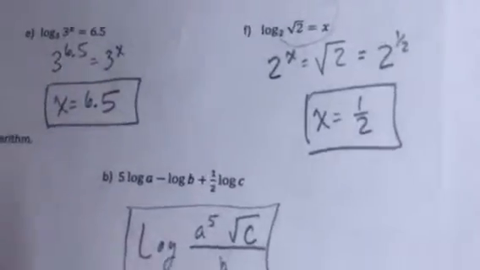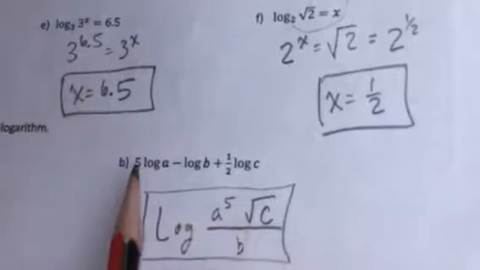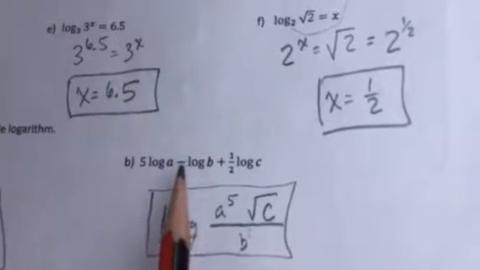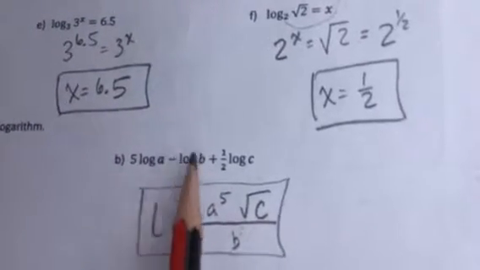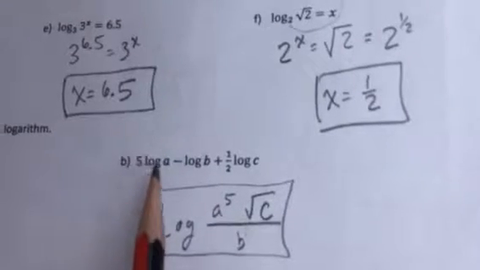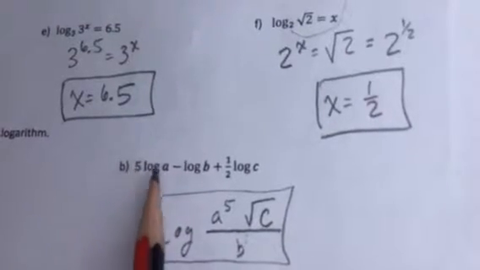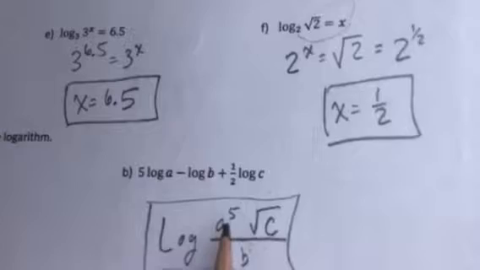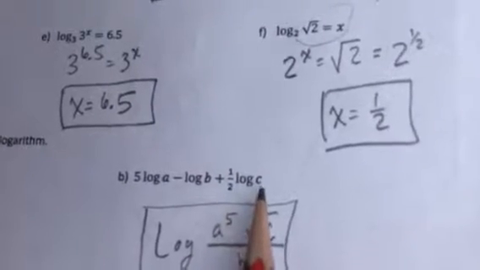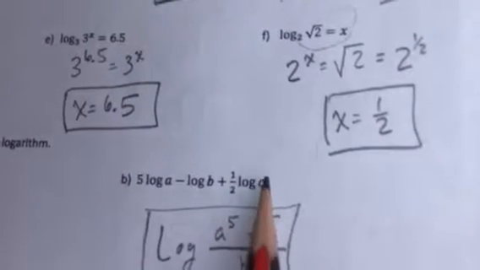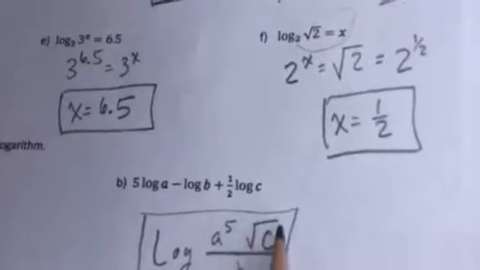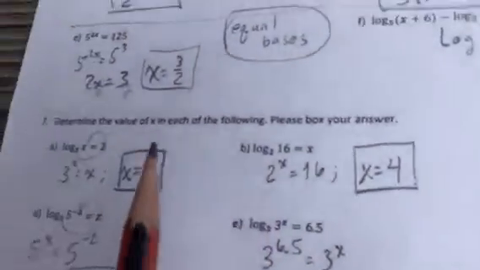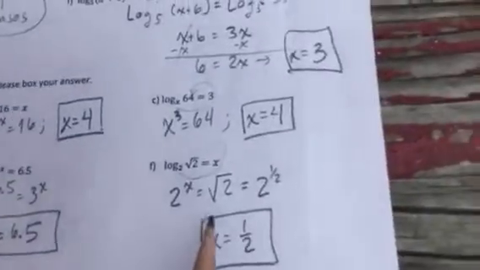And the very last problem here is very similar, except now I'm also going to do some subtraction, which means I'm going to have something on the bottom of the fraction. So 5 log a, that's like log of a to the 5th, all right? And 1/2 log c, that's like log of c to the 1/2, or square root of c, okay? Remember we did that, where was that other one? Right here.